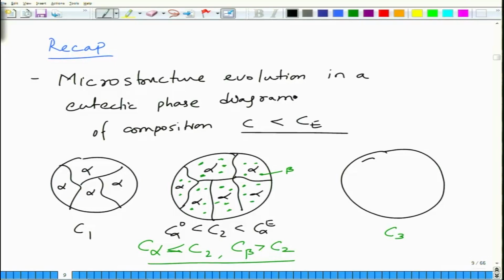So, we had these alpha grains, and between these alpha grains we had this eutectic phase.